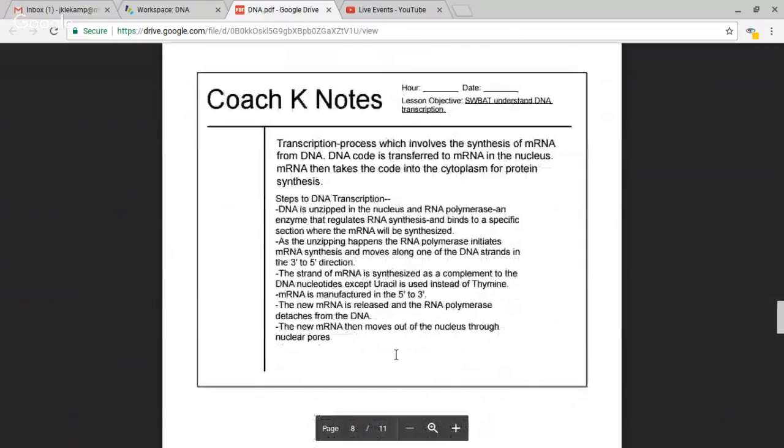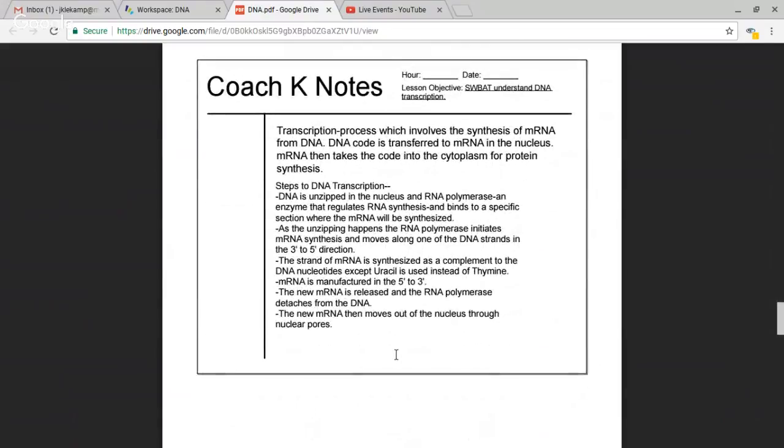Now we have 2 different processes. I've already kind of talked about transcription. The DNA is going to unzip, okay? And the major thing about transcription is we are using the DNA code to transfer to an mRNA strand that comes complementary to the DNA strand, so that we can take that to the ribosome, so then the tRNA can bring an anticodon that has an amino acid tied to it, because our main goal is to make proteins.